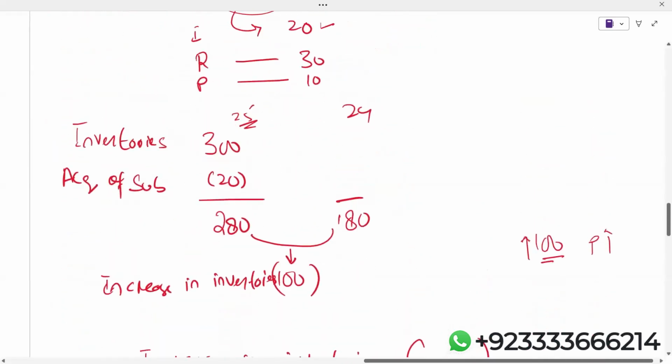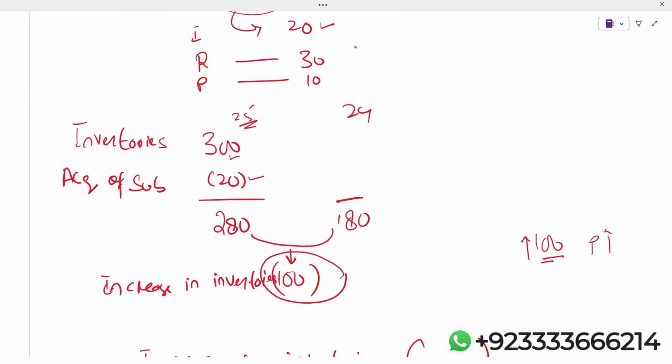Try to understand, students, otherwise mathematically this sometimes disturbs the students. Closing balance in my example is 300. The acquired subsidiary had inventory of 20. So first we excluded 20 from the closing balance. Now the closing balance is 280. Previously the opening balance was 180. So there's an increase of 100.